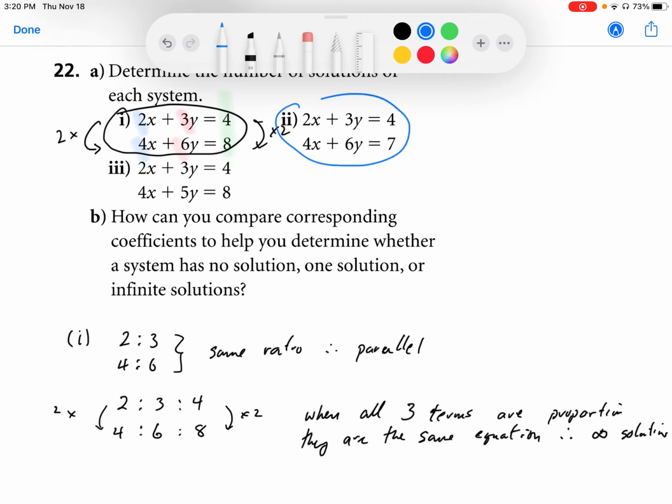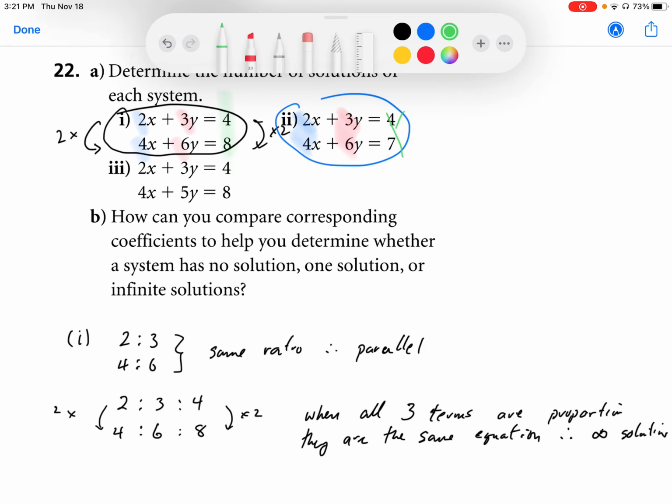So taking a look at 2, we can see that the x and y's are in proportion with each other. So the x coefficients and the y coefficients are in the same ratio, 2 to 3, 4 to 6. However, that third coefficient is not in the same ratio.